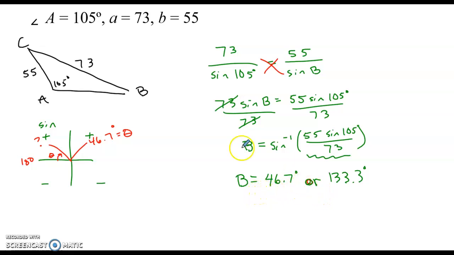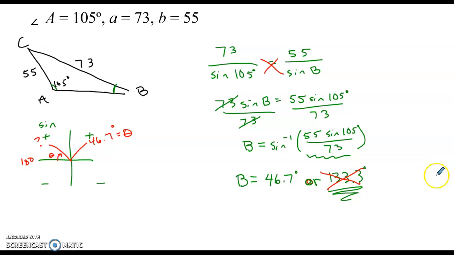However, you might be noticing that this angle can't be that big because there's already a really big angle in this triangle. And a triangle can only have 180 degrees total when you add up all the angles, which actually means after we find that second possible answer, we then cross it out because we determine it's not possible because it would make the sum of our angles more than 180.